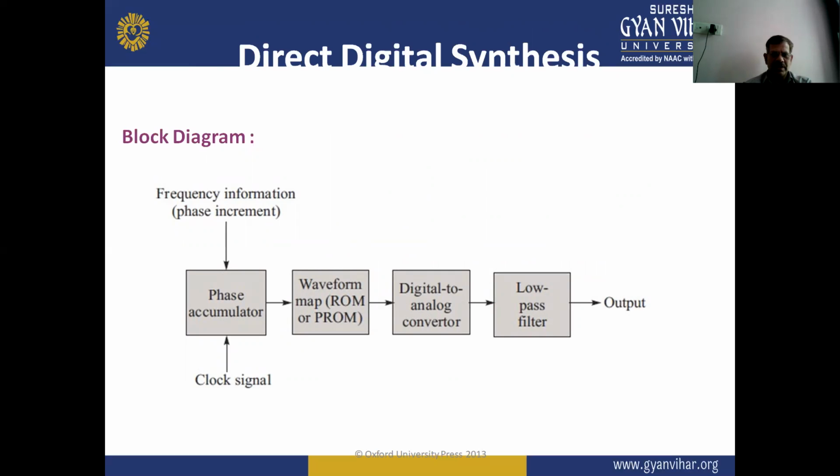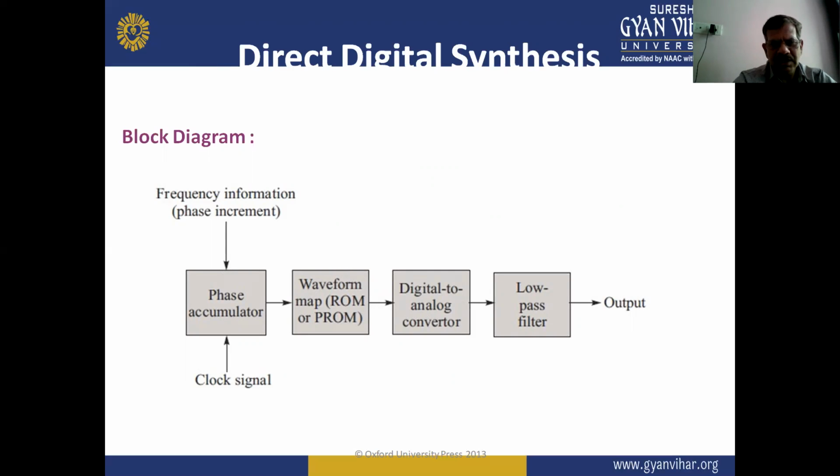In this block diagram, the frequency information or phase increment signal is applied to the phase accumulator, and another signal, the clock signal, is also applied to the phase accumulator. The output of this phase accumulator feeds the waveform map, ROM or PROM, and the output of this feeds the digital to analog converter.